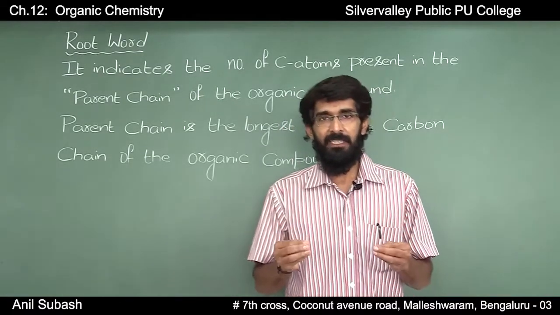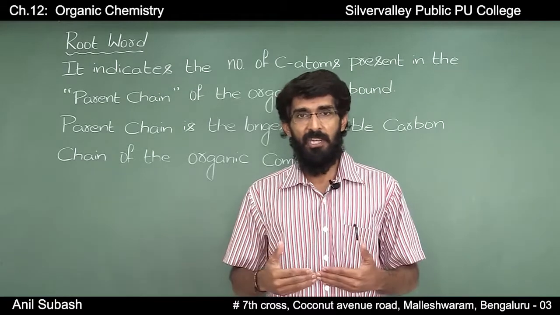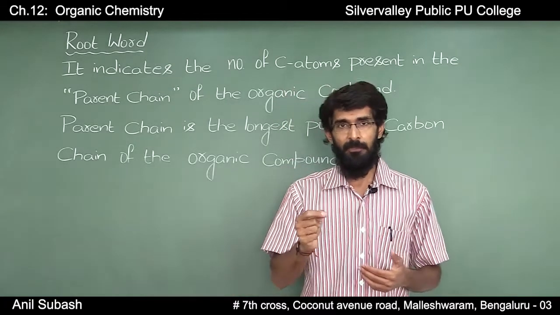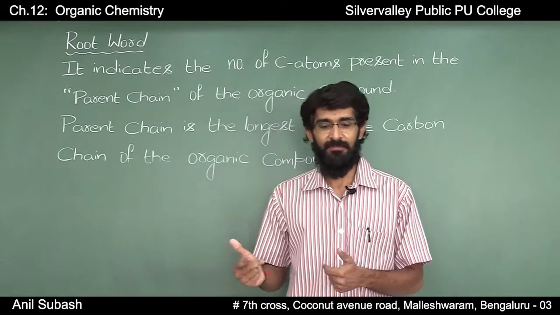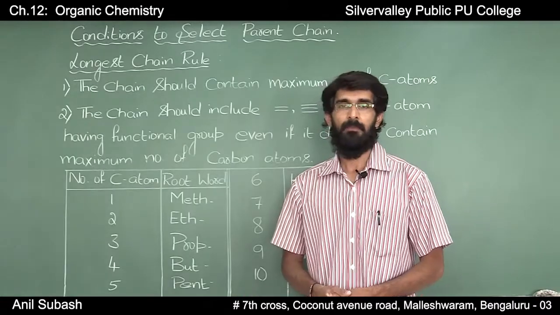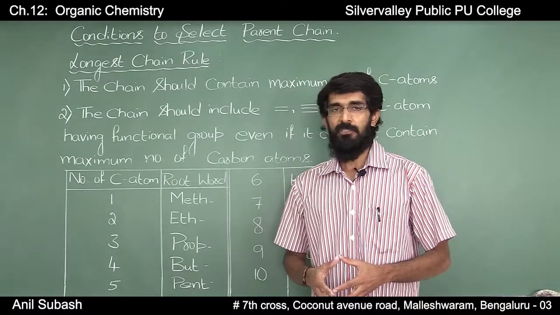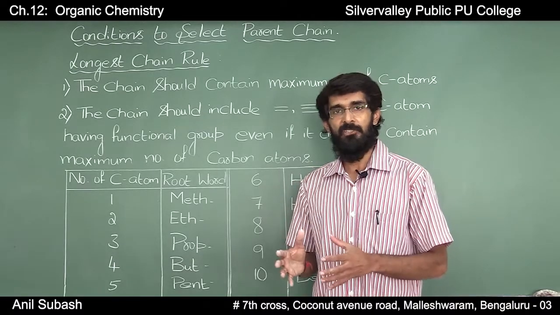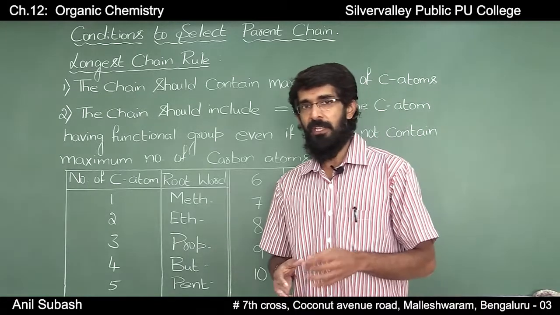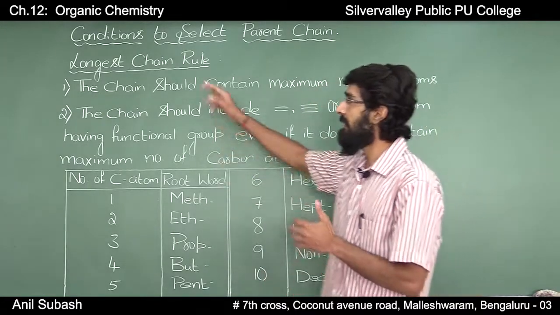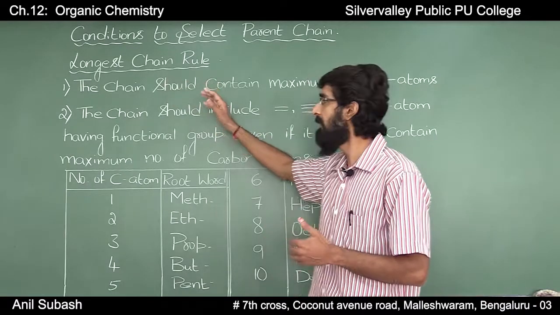How do we identify the parent chain? There are certain rules to identify the parent chain. What are the conditions to select the longest chain or the parent chain? To select the parent chain, we have a rule known as the longest chain rule.